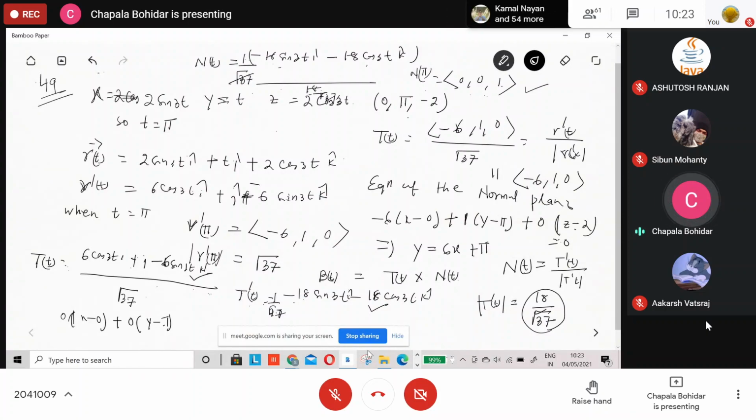If we take the absolute value, I'm getting this one. It is okay. And the equation of the binormal vector is not there. Sorry, we want to find out the binormal. After getting that n pi, then we have to find out the binormal.